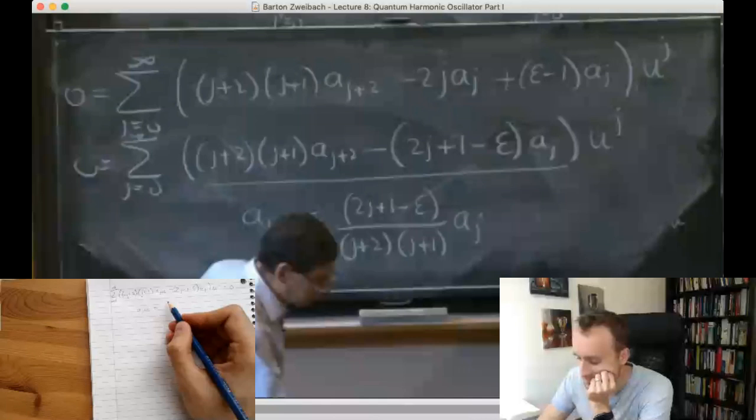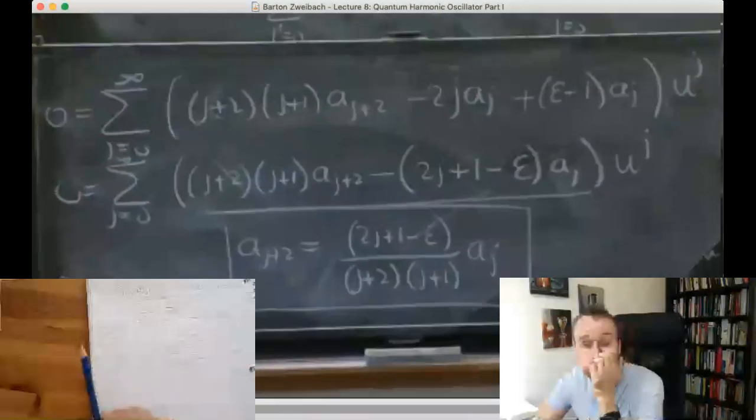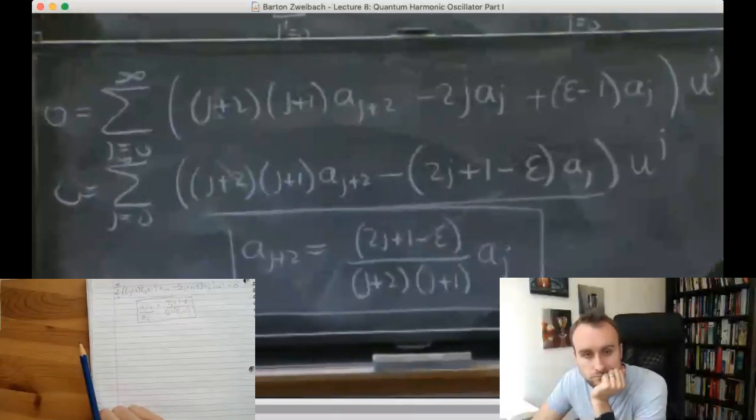A very nice recursion relation. It will determine for you a2, a4, a6, a8, all the even ones. If you put a value for a0, it will determine the even ones. The solution is 0. It's 2 numbers.